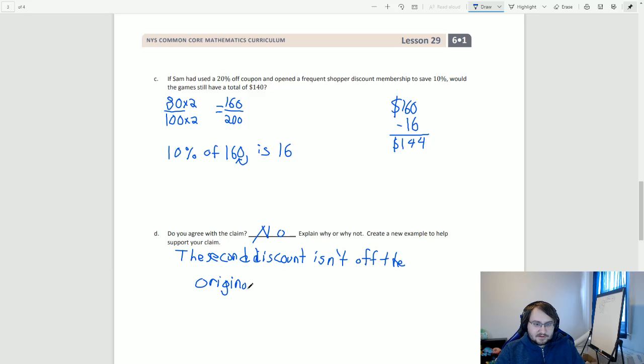It's not off of the original. It's off of the new price that's already been discounted once.